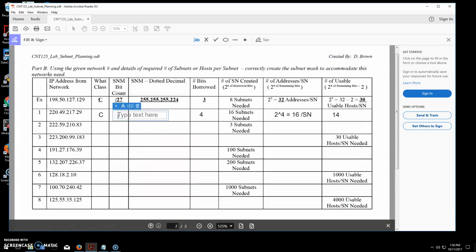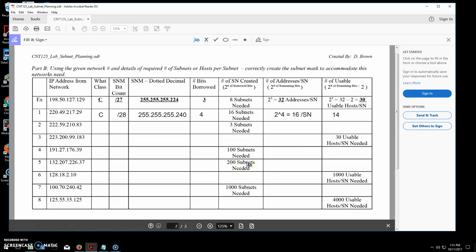So I'll have a bit count of /28, and my subnet mask will be 255.255.255.240. And that will accommodate this number of subnets they need. That's all we're doing in the back. We're doing the same thing. We're just starting on this side and working backwards.